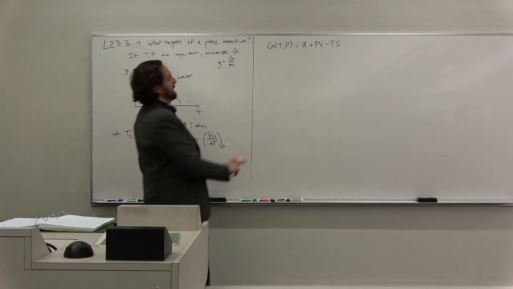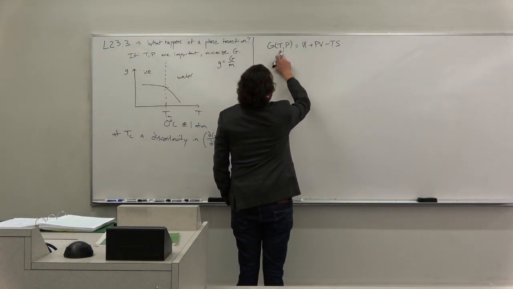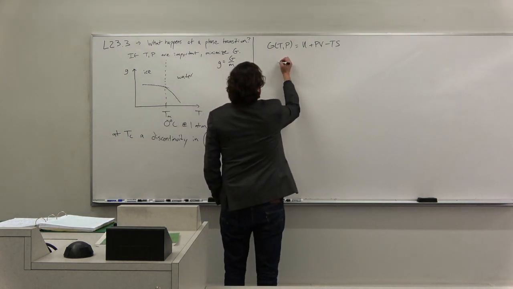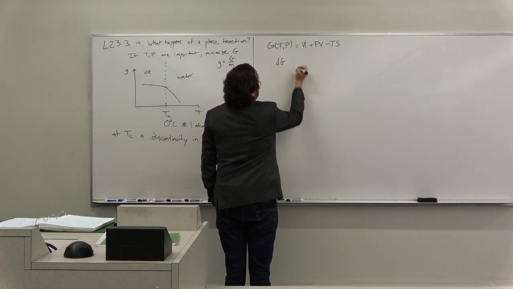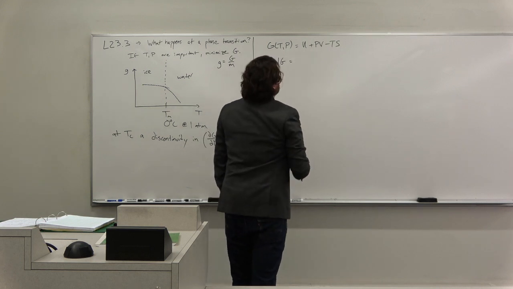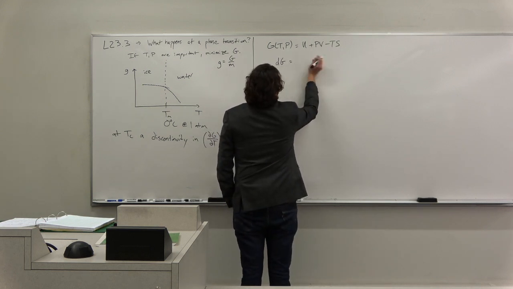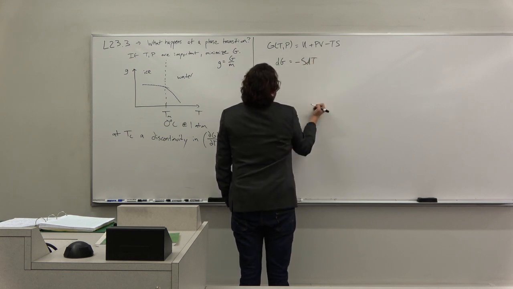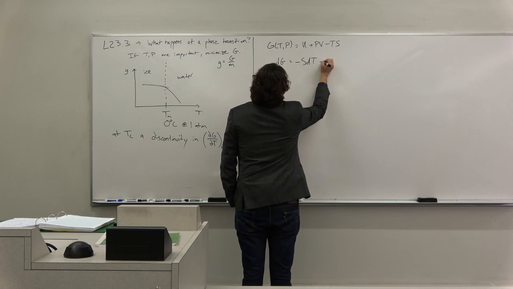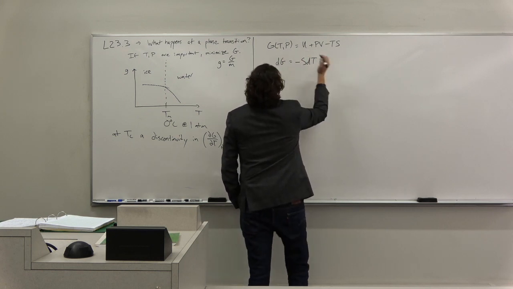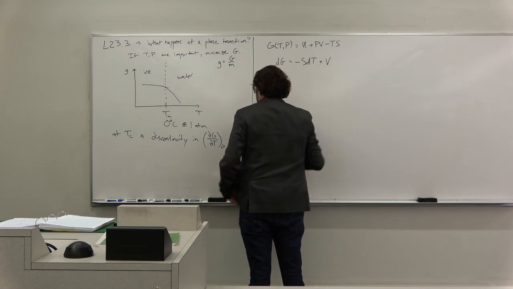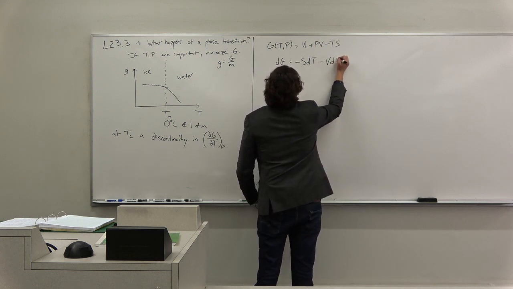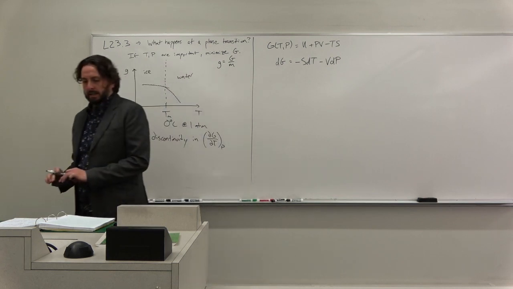All right, since the important variables for G are its natural variables T and P, I can write the differential dG as minus S dT plus V dP. Let me just make sure that's correct.